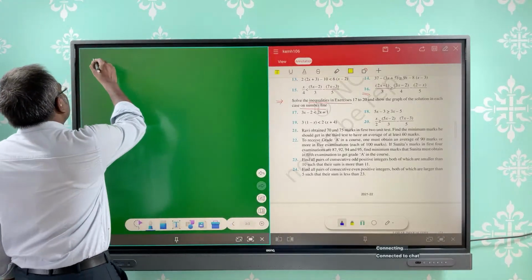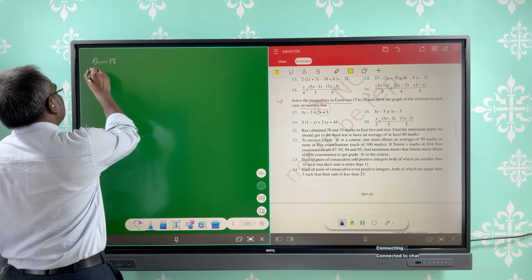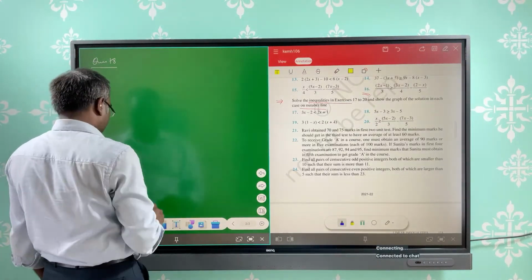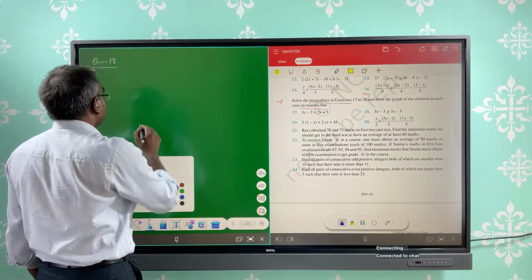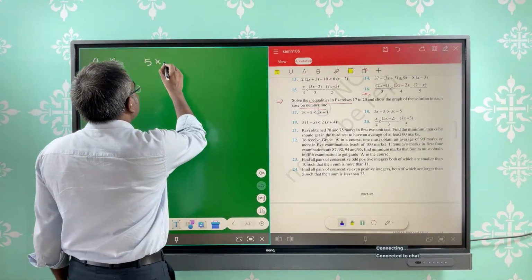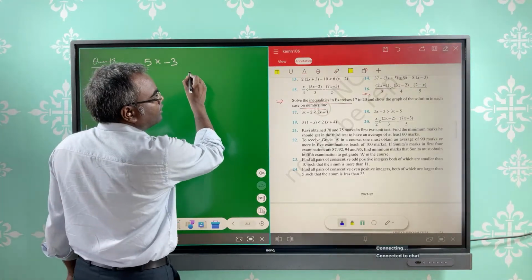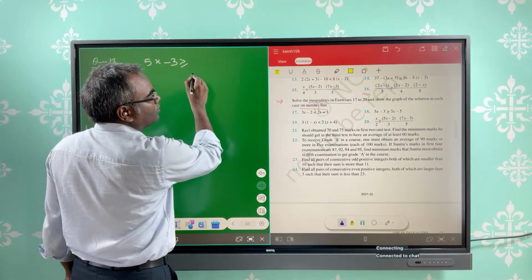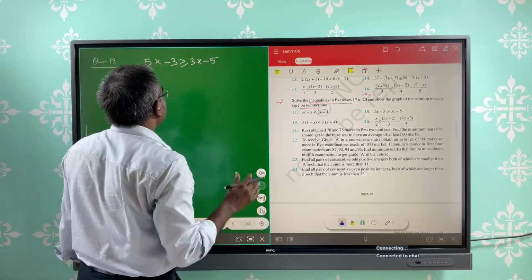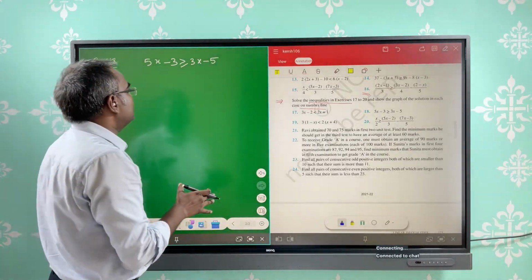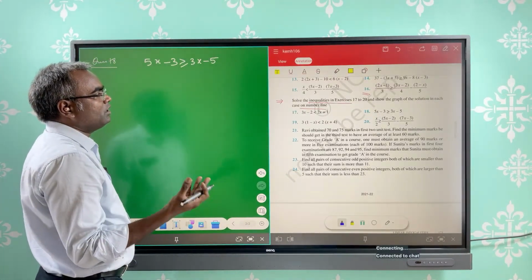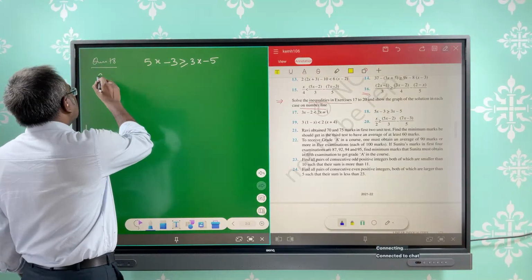Question number 18 is 5x minus 3 is greater than or equal to 3x minus 5. We have to solve this inequality, get the solution, and plot the solution on the number line. So let's solve this.